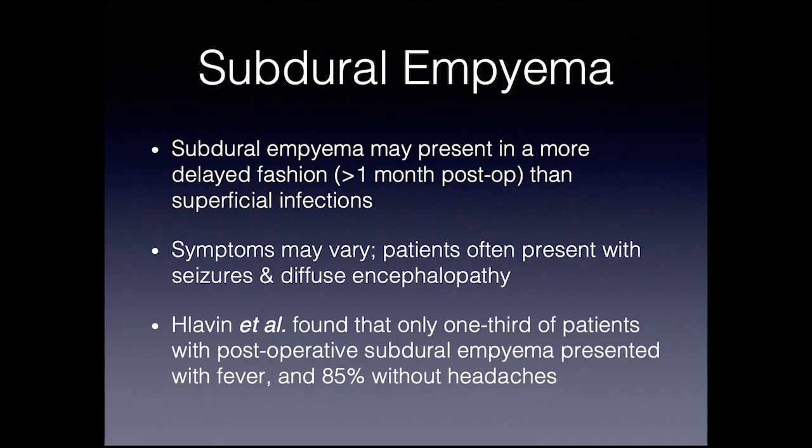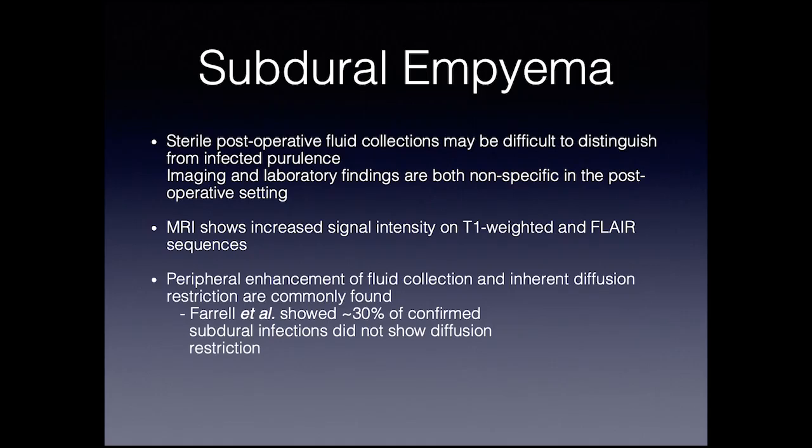Because lab values are nonspecific in diagnosing postoperative subdural empyema, imaging plays a crucial role in its diagnosis. MRI typically shows an extraaxial fluid collection that appears relatively isointense to CSF, albeit it exhibits signal suppression on FLAIR sequences.